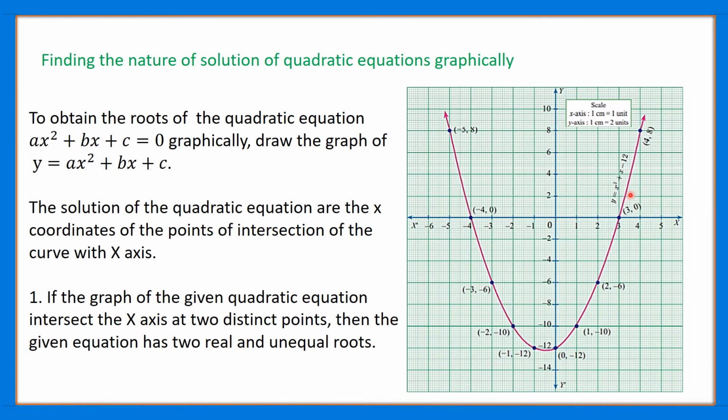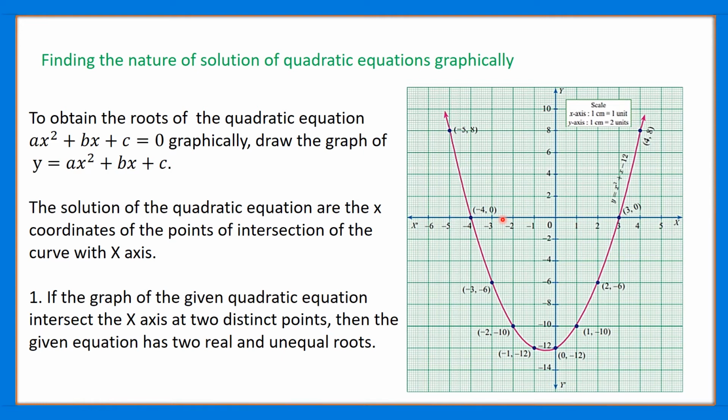In our case, for y is equal to x square plus x minus 12, the intersection points are 3, 0 and minus 4, 0. And therefore, the solution for y is equal to x square plus x minus 12 is nothing but 3 and minus 4. So we have arrived at the roots of the quadratic equation.